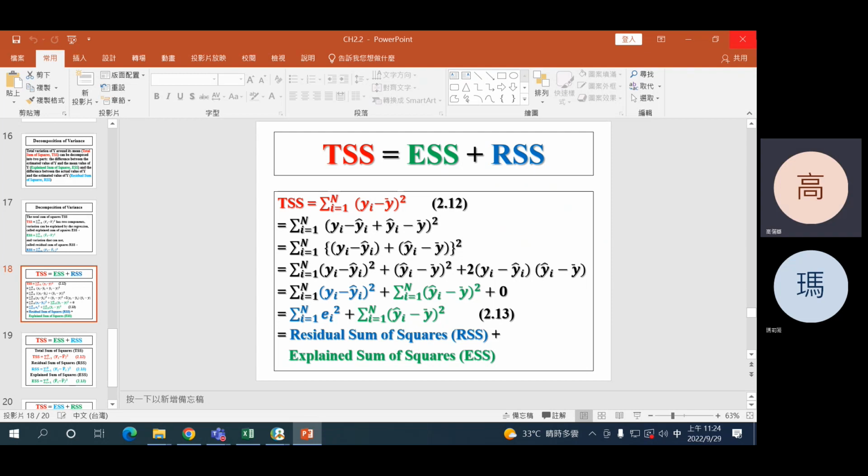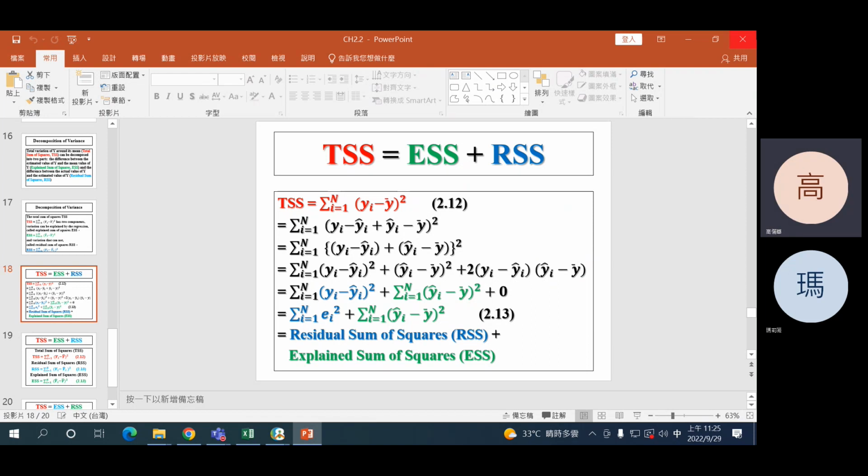As long as we have y, this TSS is just a fixed number, and it can be decomposed into the RSS and ESS. If we use OLS methods, we can reduce the RSS as small as possible, therefore making the ESS as big as possible. So this is the magic of the math, the beauty of the math.